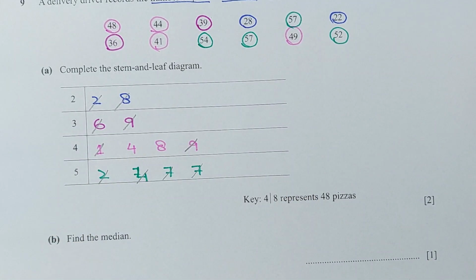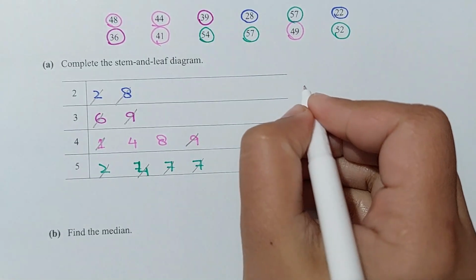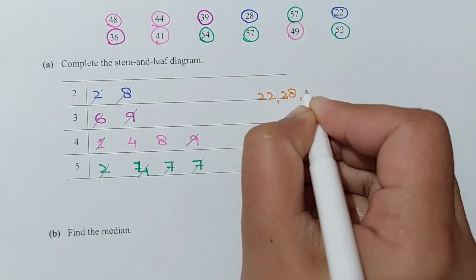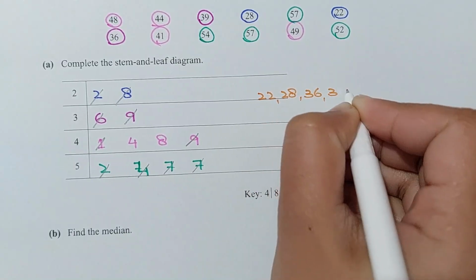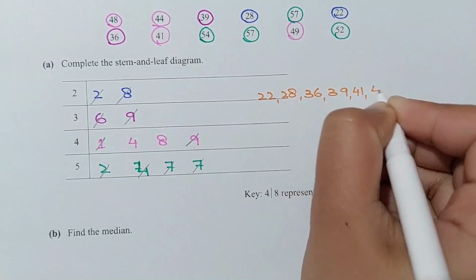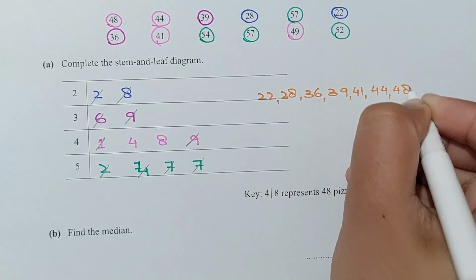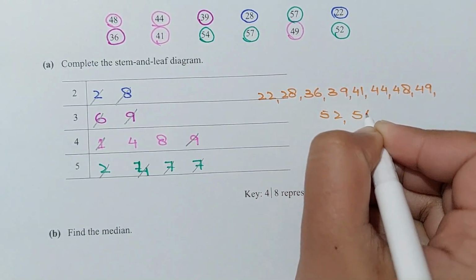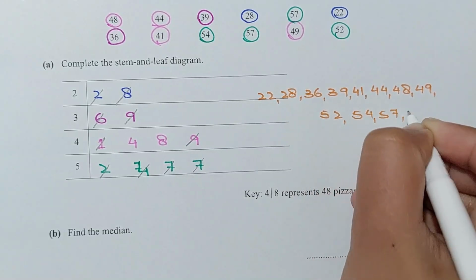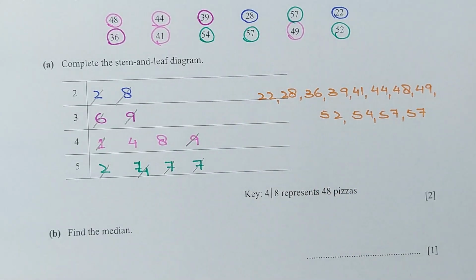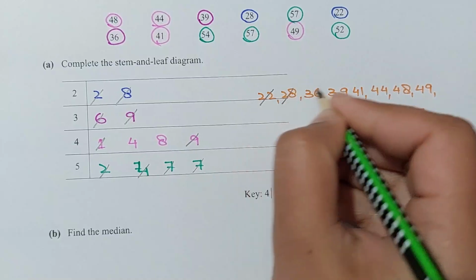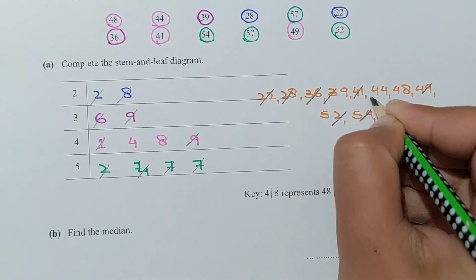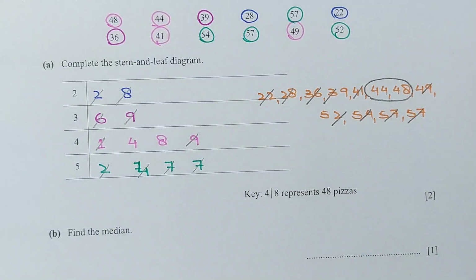So for the median, we can arrange the data: 22, 28, 36, 39, 41, 44, 48, 49, 52, 54, 57, and 57. Now we can cancel from both ends, and these are the two middle values of the data.